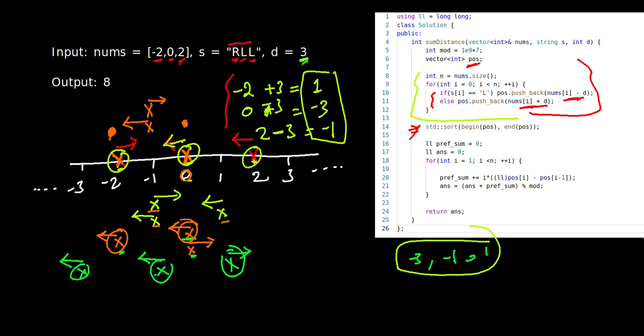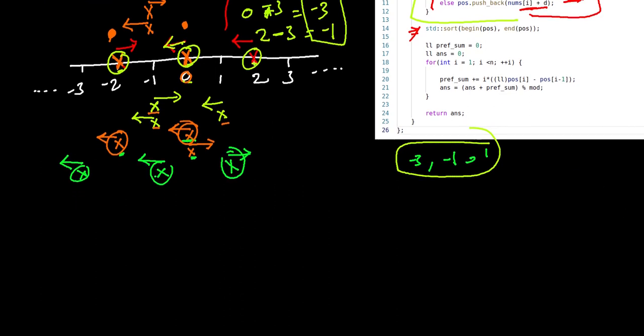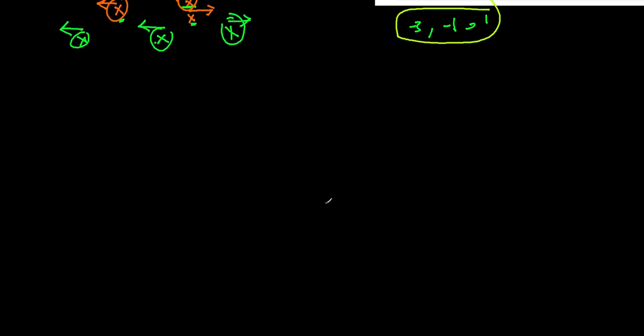Then to calculate the distances, first of all we need to sort the positions, and after sorting assume that we have some values 1, 5, 7, 8, and we need to calculate the summation for all different pairs.